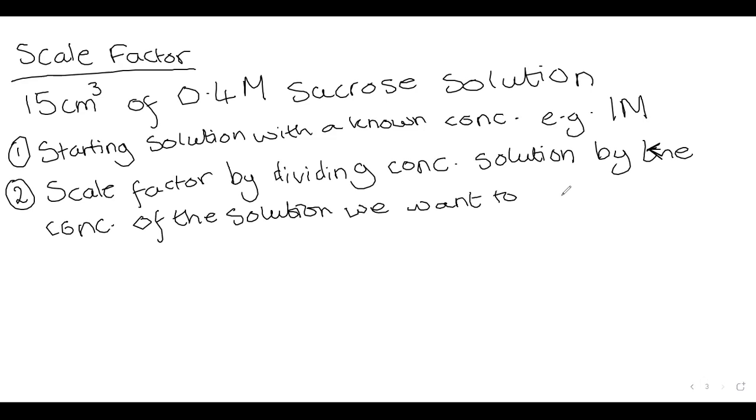So for example, in this situation, we've got 1 mole. We want to make 0.4 moles, so we do 1 mole divided by 0.4 moles, and that would give us 2.5.